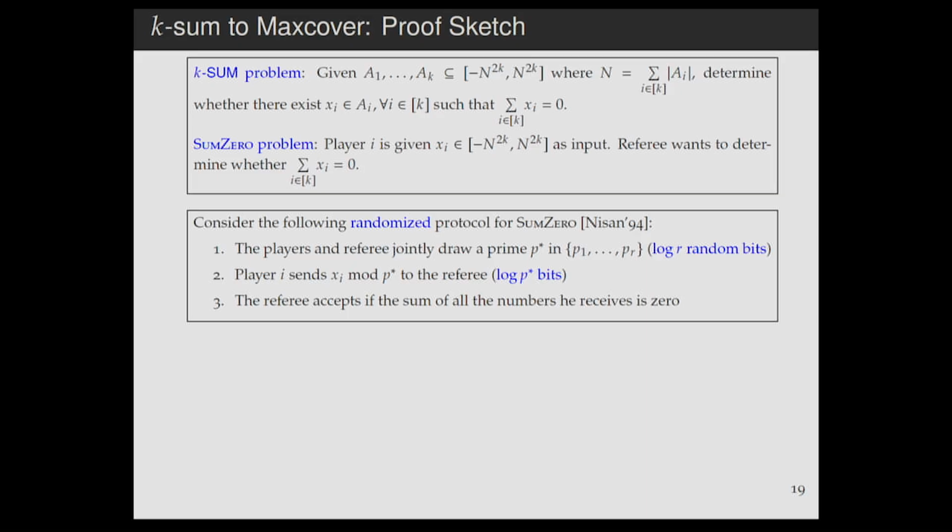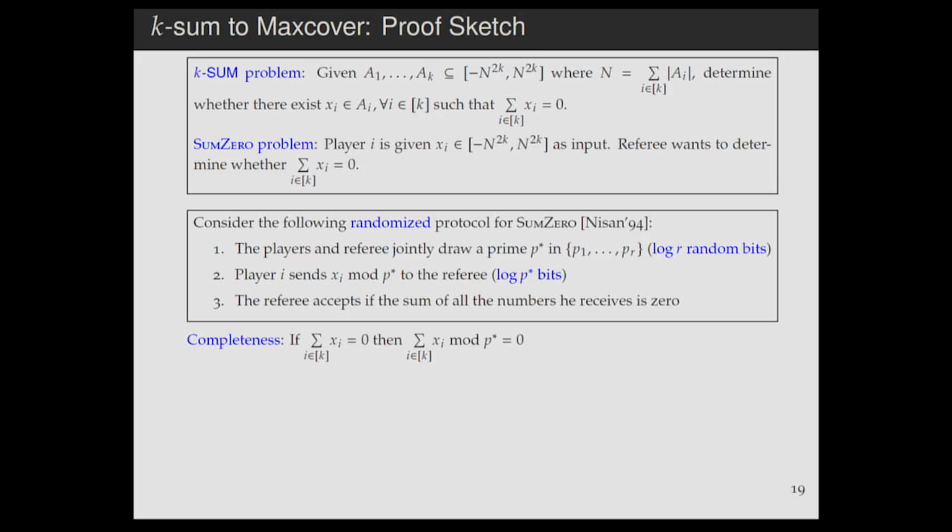Then you use the shared randomness that the referee and the players can use, to randomly pick one of these primes. I denote this by P star. Once you pick P star, each player just sends their number mod P star, and the referee just checks that the sum is equivalent to 0 mod P star. That's it. Very simple protocol.